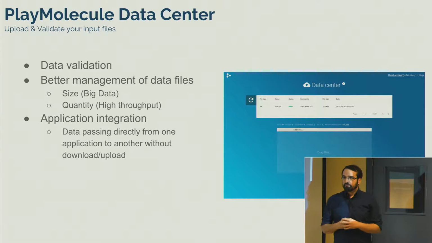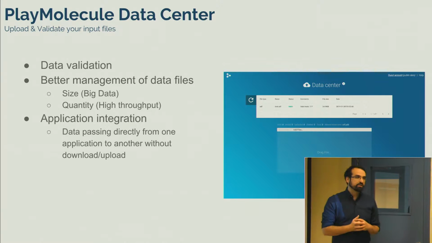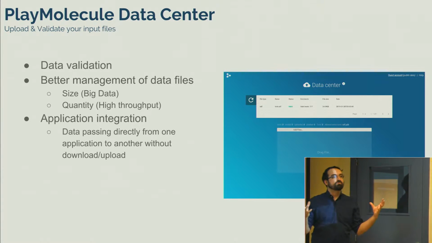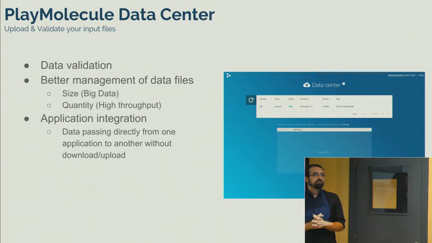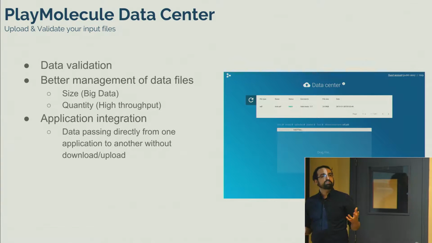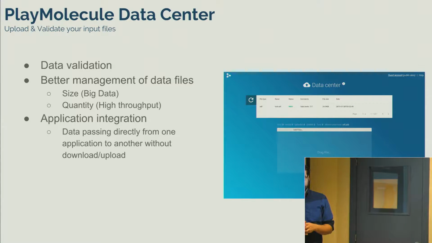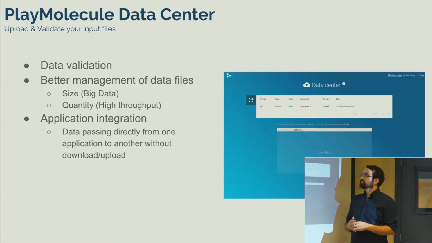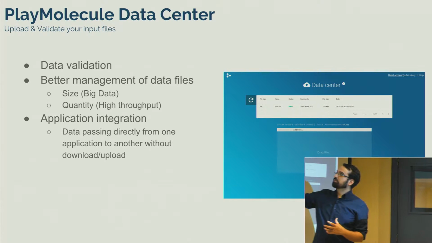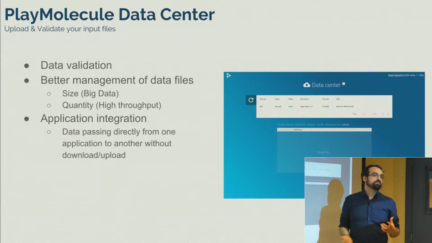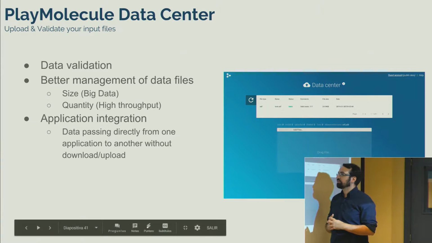For example, imagine some of the tools that Adrià was talking about, and some people want to submit a library of compounds to do some kind of affinity prediction. What do you do with a 50 million compounds database? So better management of data files was a necessity for us because of the size and also the quantity, if you have many files to process.